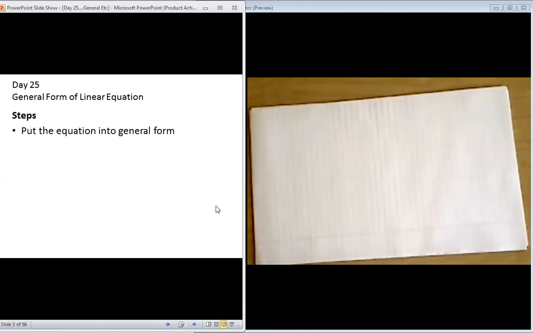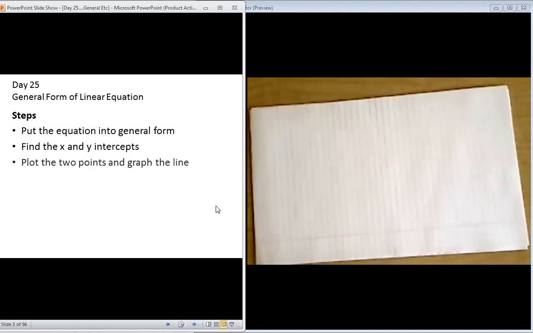Okay, so here we go. This is to create the graph. The equation will be there in general form. Find the intercepts, those 2 special points. So I'll show you how to do that. And then once those 2 points are there, that's it. Just connect the dots and you're good.